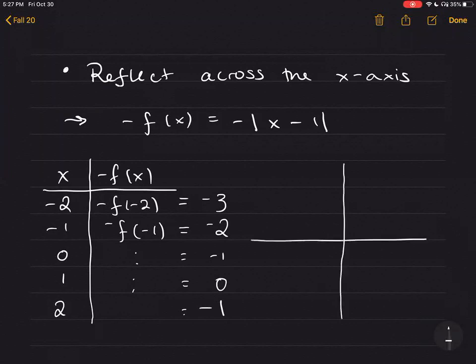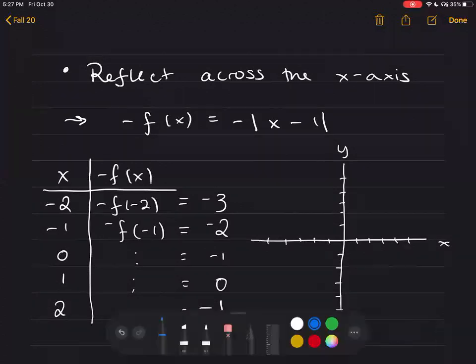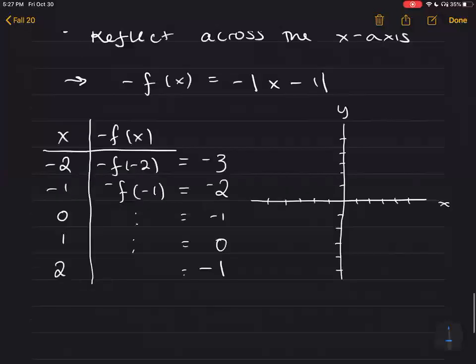Now if we graph this, x, y, we make our little tick marks. All right, so -2, -3, that's down here. -1, -2, it's right there. 0, -1, 1, 0, and then 2, -1.